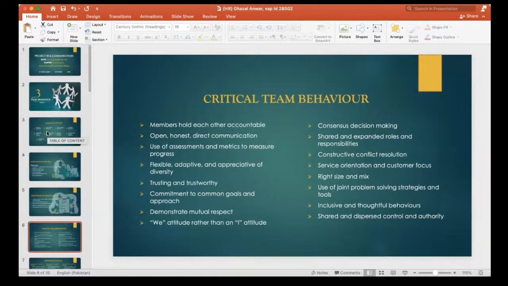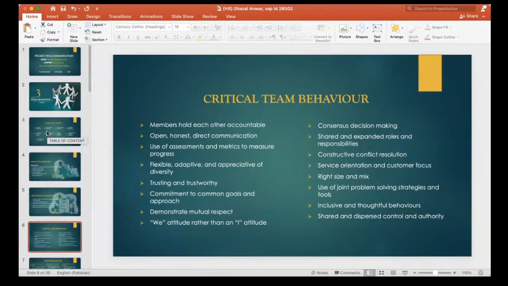He should use assessment and metrics to measure progress, whether seeing others' qualities or others' quantities. He should be flexible and adaptive. By flexible I mean he should be flexible enough to adapt to every kind of environment, every kind of situation.